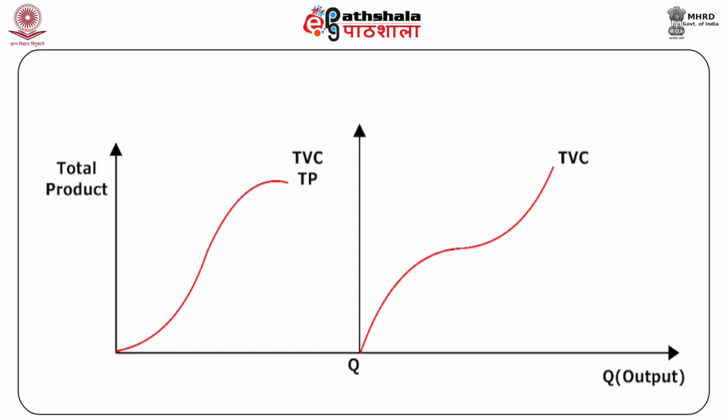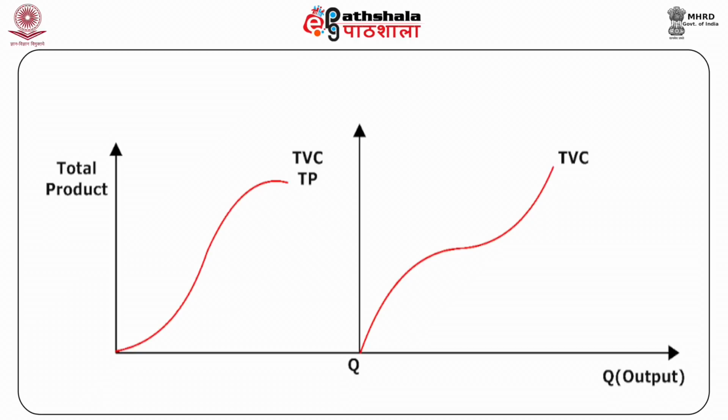Now if we look at the total variable cost, on the other hand, it is exactly the obverse of this. That is, when total product increases at an increasing rate, then total variable cost increases at a decreasing rate.